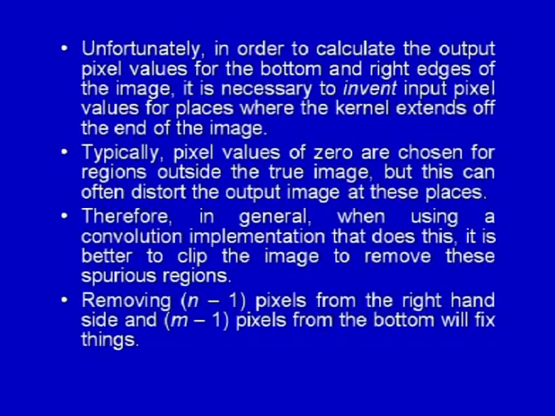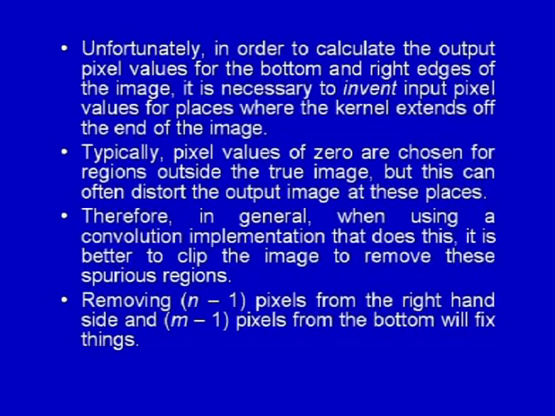Unfortunately, in order to calculate the output pixel values of the bottom and the right edges of the image, it is necessary to invent input pixel values for the places where the kernel extends off the end of the image. Typically, pixel values of 0 are chosen for the regions outside the true image, but this can often distort the output image at these places.